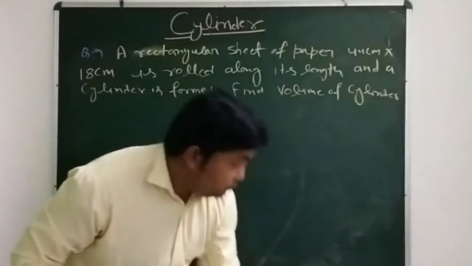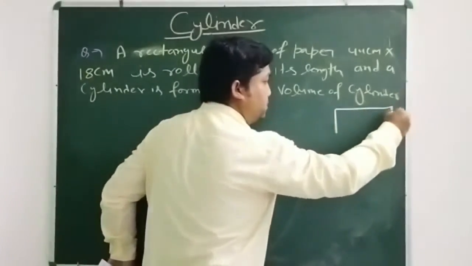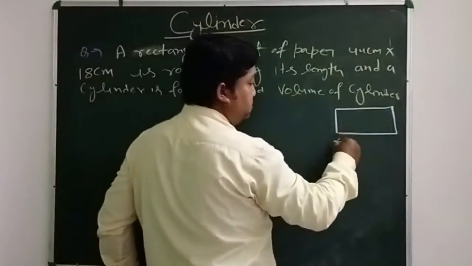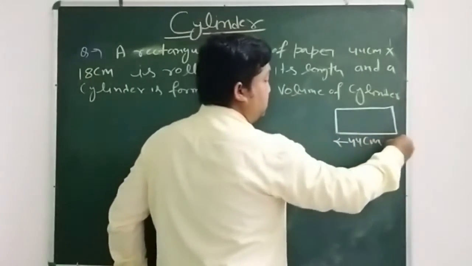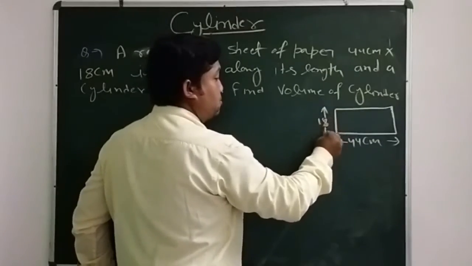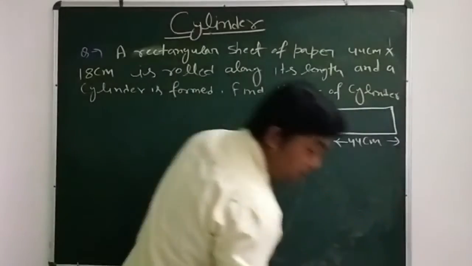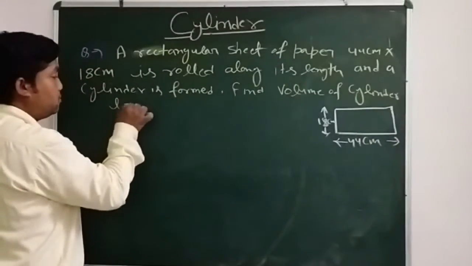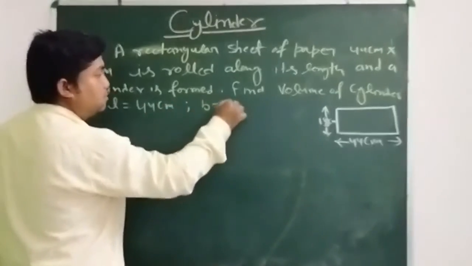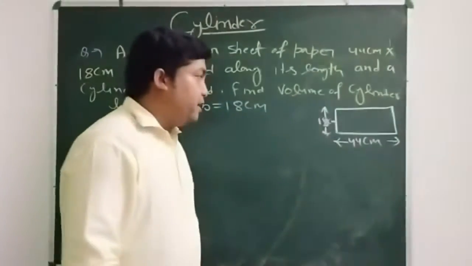It means that you are given one rectangular sheet, where the length is 44 centimeter and the breadth is 18 centimeter.